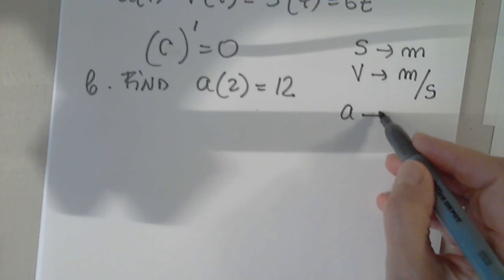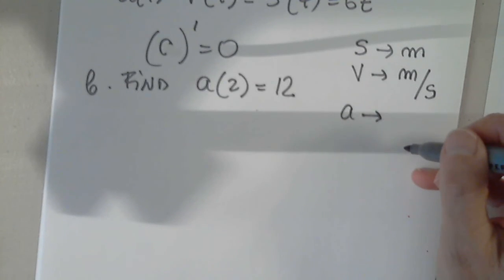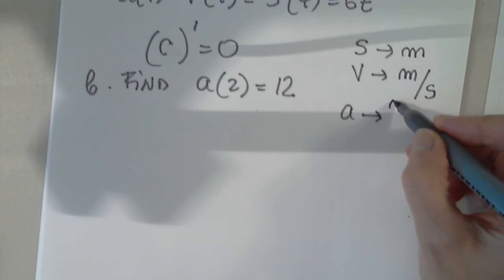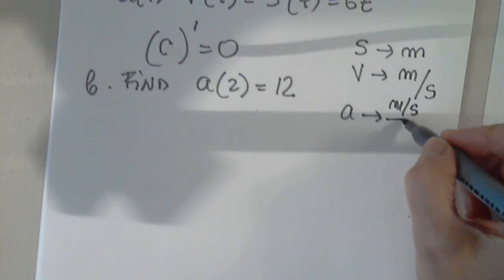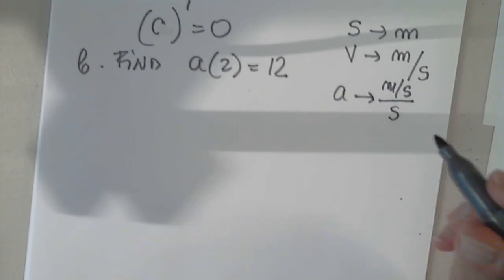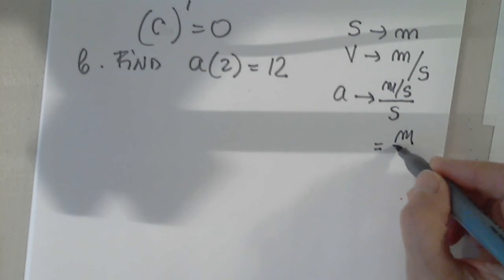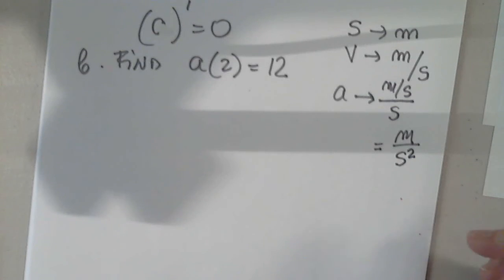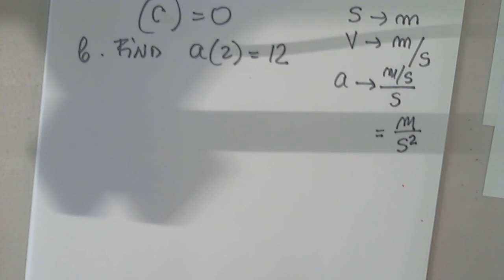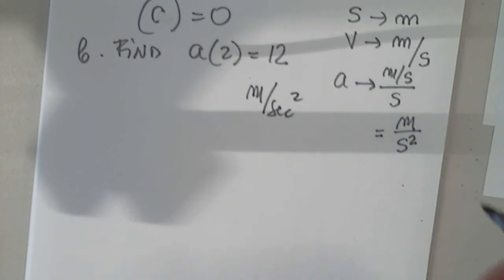The acceleration is the rate of change of velocity with respect to time, so the velocity is at the top and time in the denominator. That's why the unit for the acceleration will be meters per second squared. So this is 12 meters per second squared.